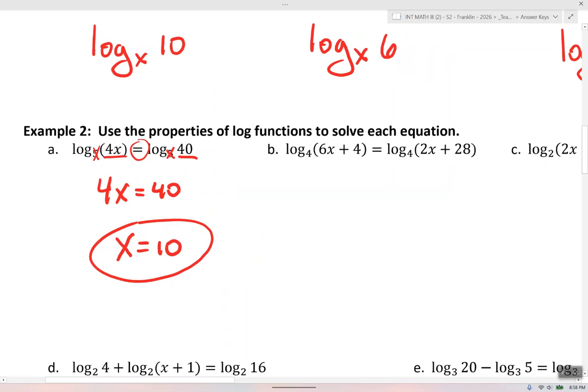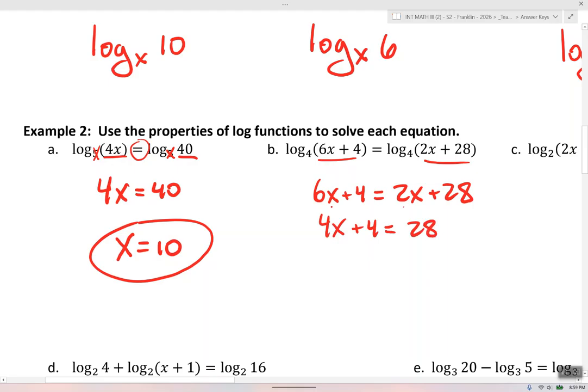For example B, we have log base 4 of 6x plus 4 equals log base 4 of 2x plus 28. So again, we can set these equal to each other. 6x plus 4 equals 2x plus 28. Well, we can subtract 2x from both sides. We get 4x plus 4 equals 28.